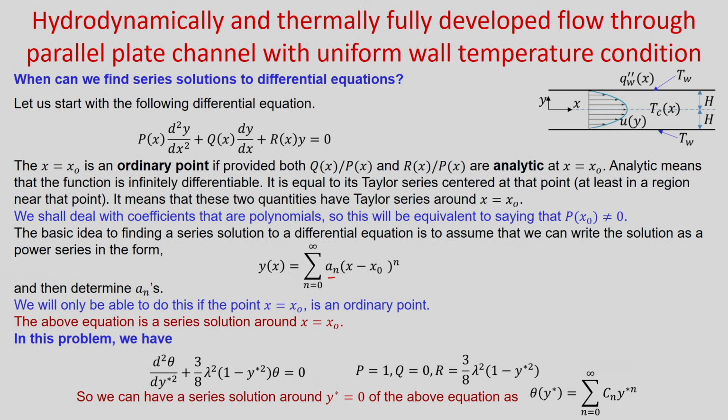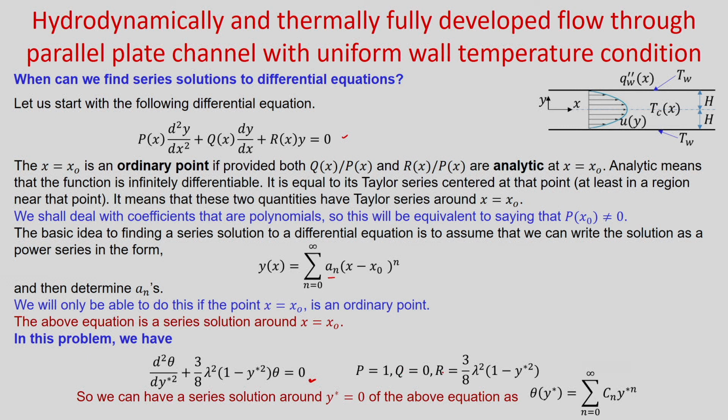Now for our problem, let us see. Our differential equation is this one. If you compare with this equation, you see p is equal to 1, q is equal to 0 and r is equal to 3 by 8 lambda square (1 minus y star square). So, you can see that q by p and r by p are analytic.